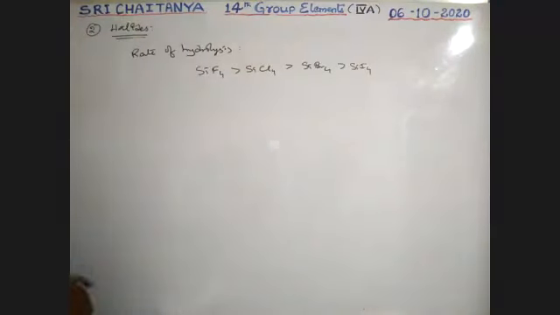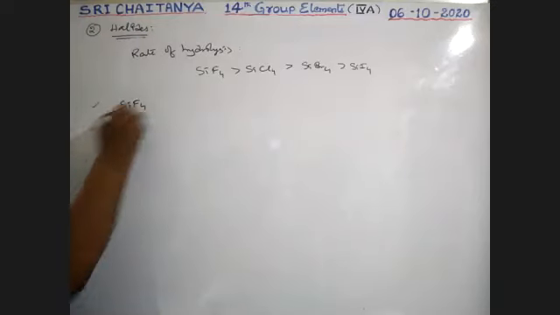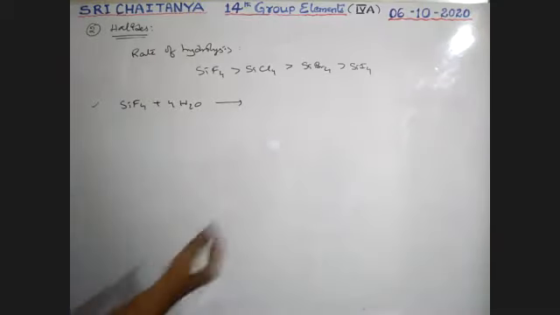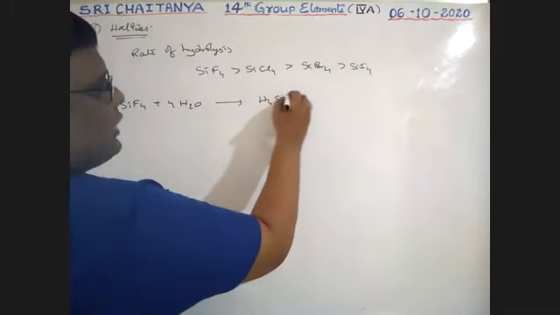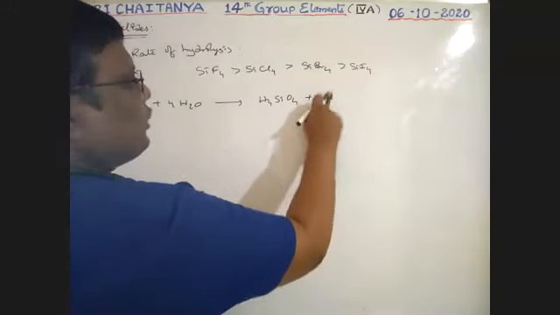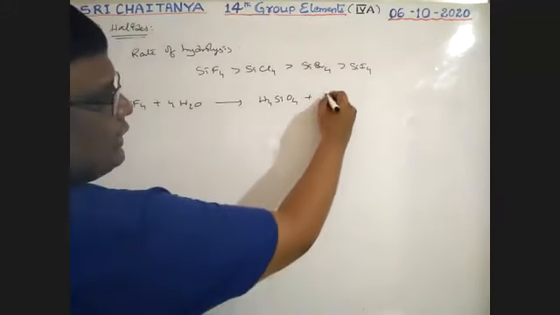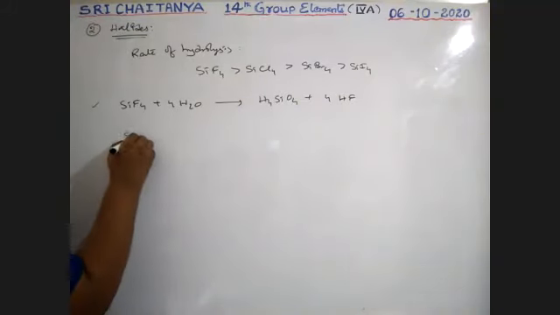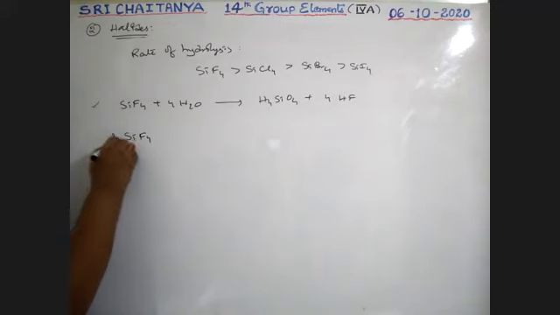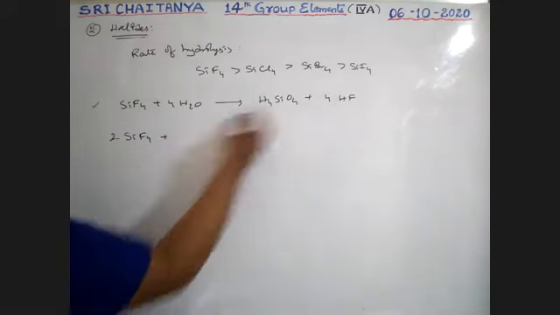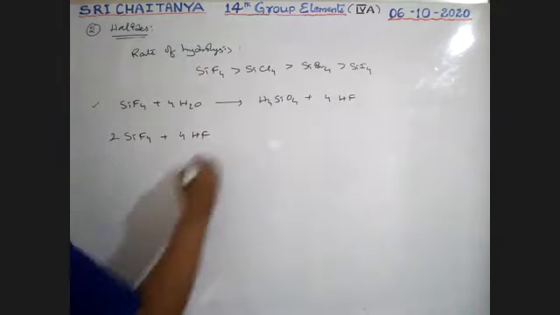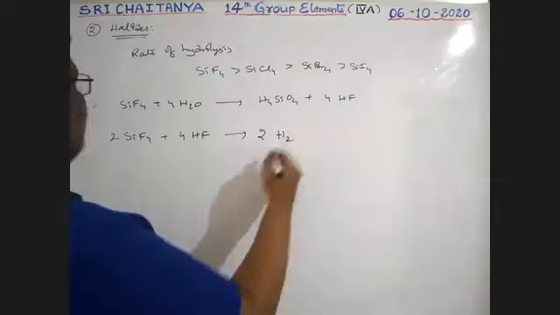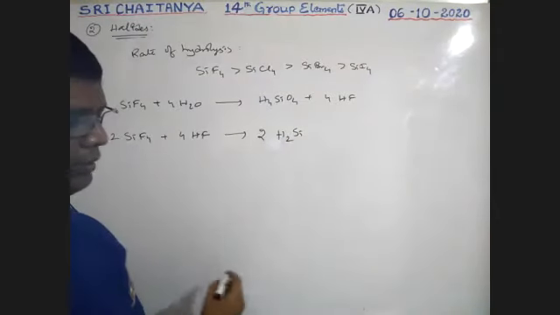When SiF4 reacts with four water molecules, just like in the previous case, it gives H4SiO4 plus 4HF. Once again, 2 moles of SiF4 react with 4HF and give 2H2SiF6.